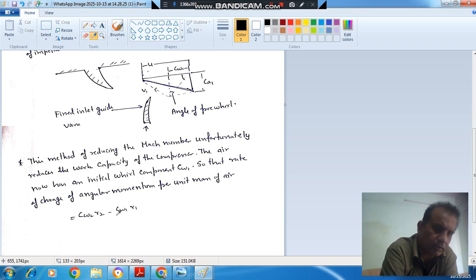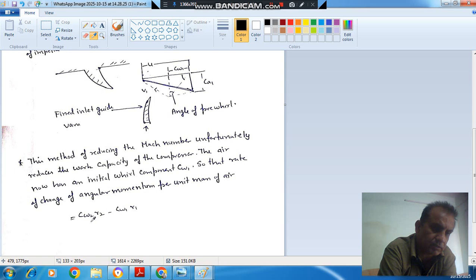So the work absorbing capacity of the compressor is reduced. This method of reducing Mach number unfortunately reduces the work capacity of the compressor. The air now has an initial whirl component, that is CW1, so the rate of change of angular momentum per unit mass of air is this. Now we multiply by omega, then it will be the work absorbing capacity per unit mass.